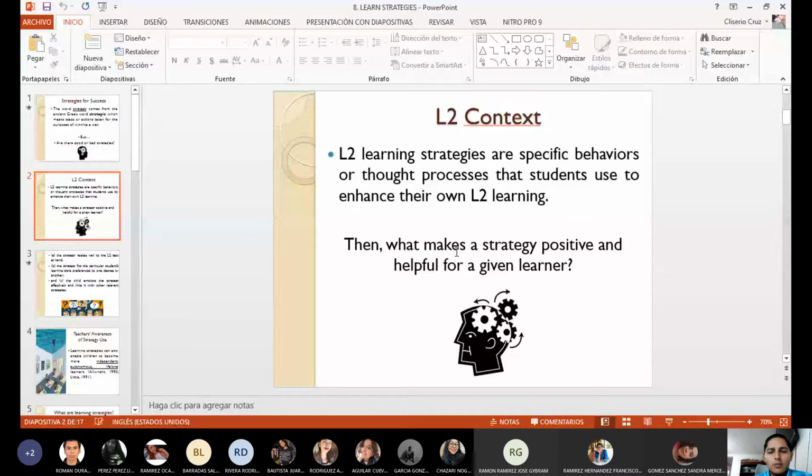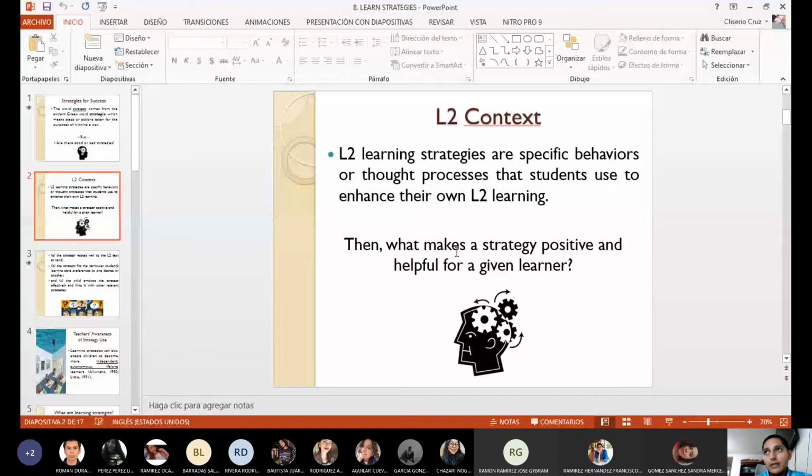Now, certainly the concept of learning strategy and language learning strategy has been placed into the positive dimension. Okay, if it is a strategy, it is because it works. It works for achieving a learning goal, specific objectives for learning languages. But what is helpful for me might not be for others.